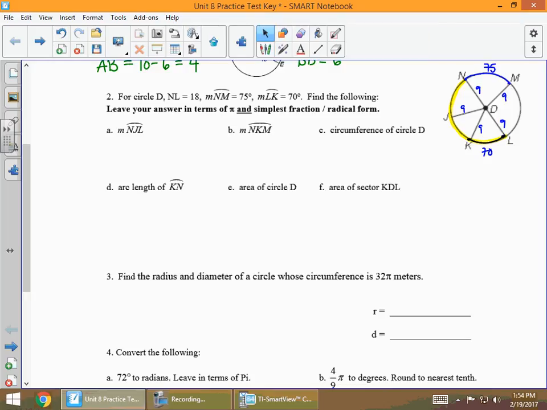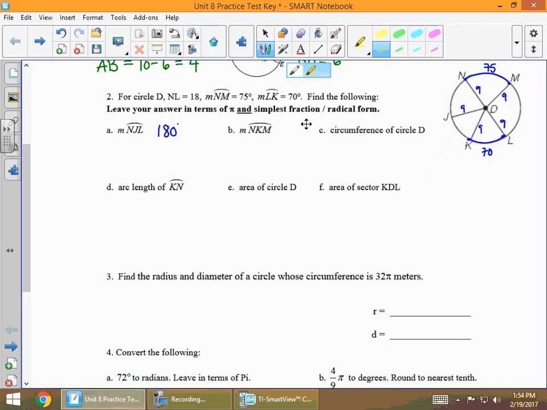Well, as I look at that arc, I can see that NL is a diameter. So NJL is an arc made up from a diameter. So I know for a fact that that is 180 degrees.